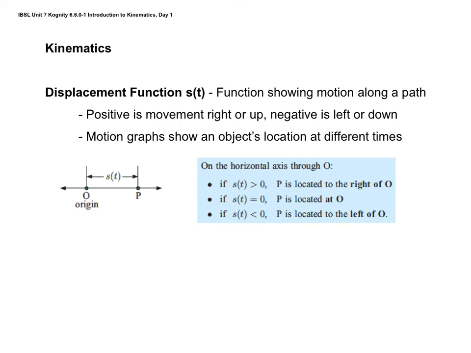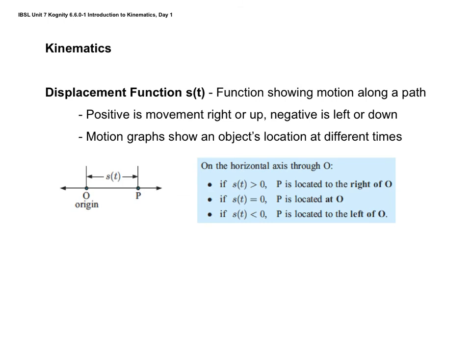Kinematics, we're talking about a displacement function showing motion along a path. A couple of things here. If we are to the right or above where we started, then our displacement's going to be positive. If we're to the left or below where we started, then our displacement will be negative.